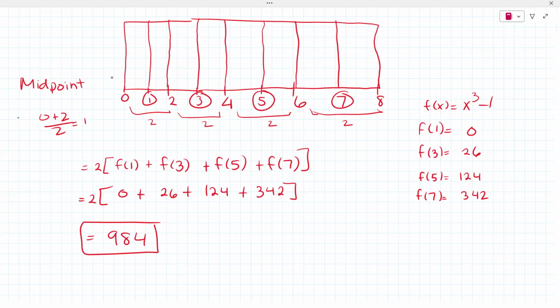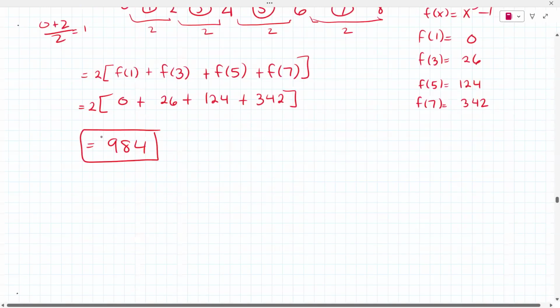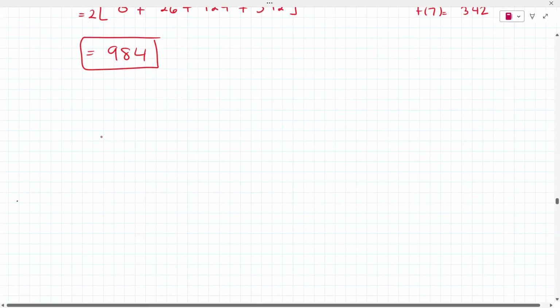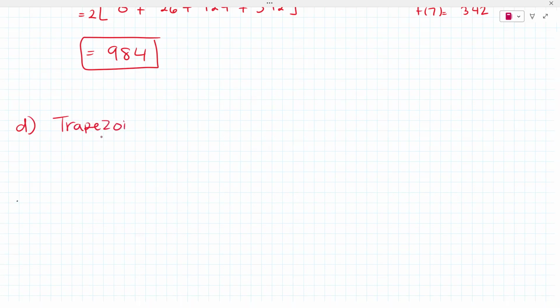Okay, the next one is trapezoid. Or D, we're going to do trapezoid. So here, let's draw the image. 0, 2, 4, 6, and was it 8? Goes 2.